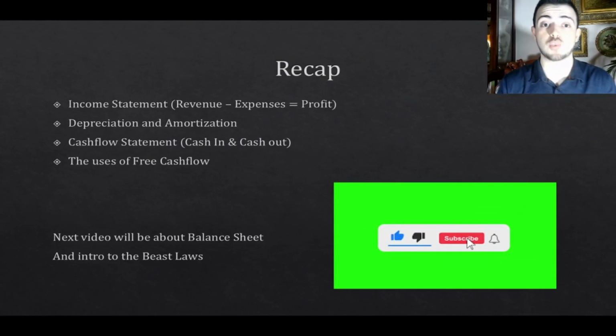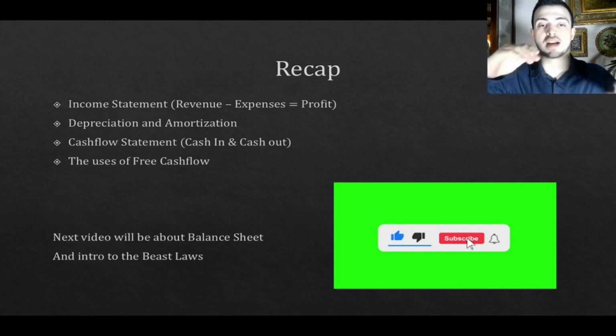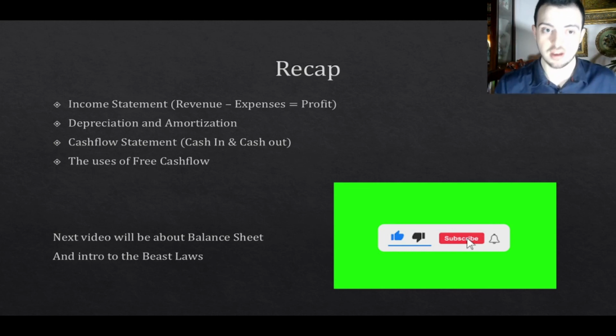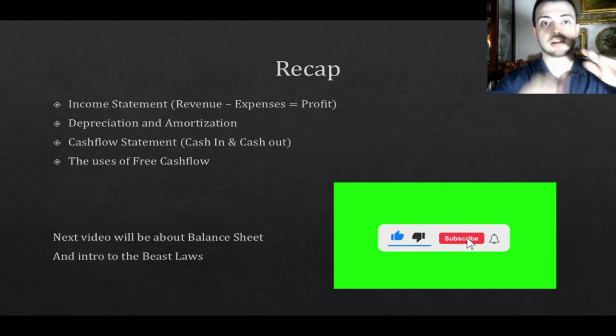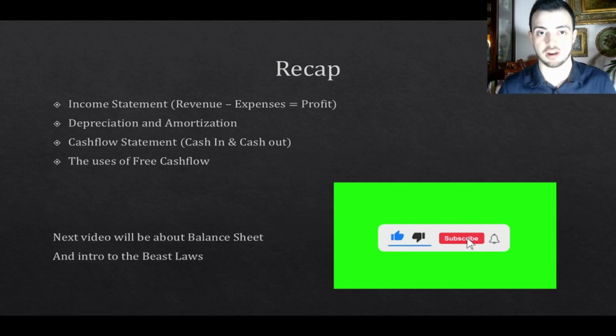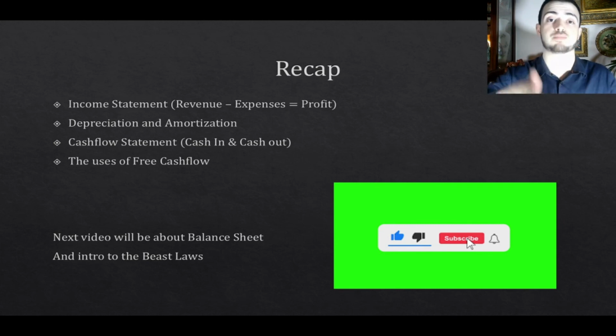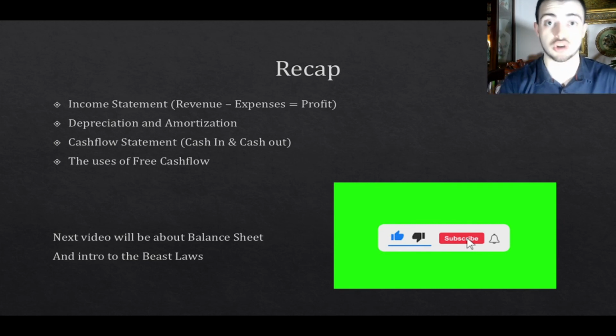In recap, guys, we have learned what the income statement was, which is, remember, revenue minus expenses equals profit. We learned what depreciation and amortization is, which is when a piece of equipment, for example, starts off at $1,000. After 5 years, we're saying it's gonna be $0. So technically that's an expense every year for the next 5 years. And that is present on the income statement, remember, not the cash flow statement.